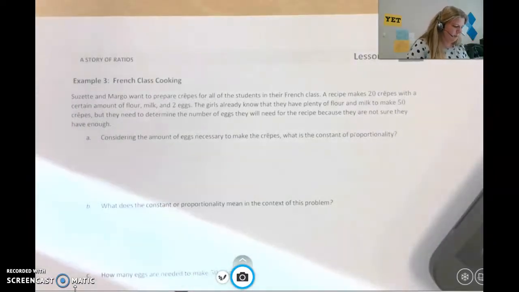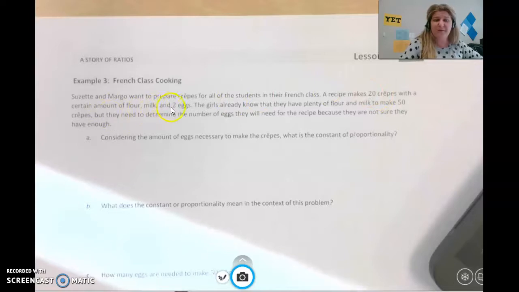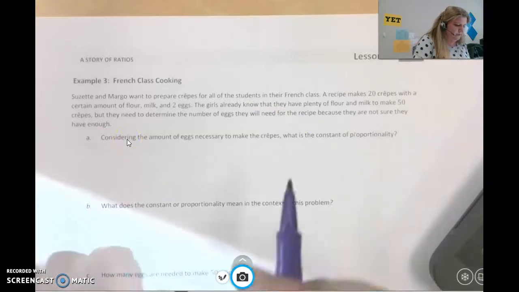Okay, Suzette and Margot went to prepare crepes for all of the students in their French class. A recipe makes 20 crepes with a certain amount of flour, eggs, and milk. The girls already know they have plenty of flour to make 50 crepes, but they need to determine how many eggs they need for the recipe because they're not sure they have enough. Okay, so let's see what we know.